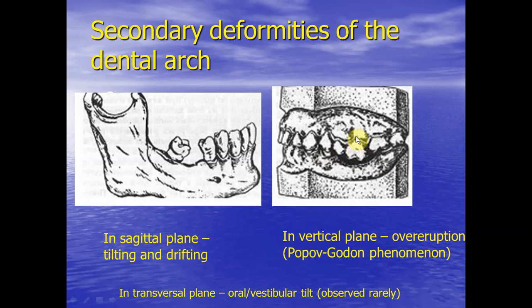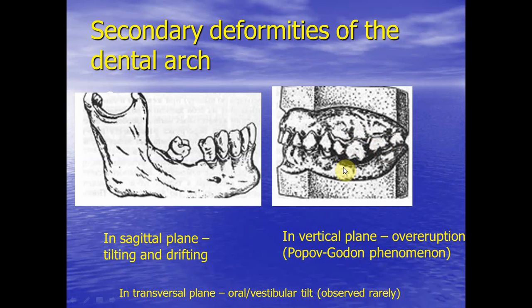We see the tooth which gets taller or longer than the neighboring teeth, and then the normal position of the occlusal surface of this tooth is lost. Sometimes the tooth is erupted in a way that it looks like the tooth is coming out of the bone, like in this picture.